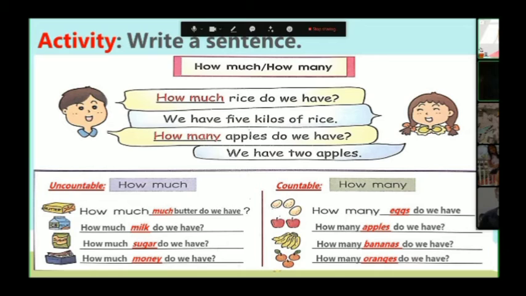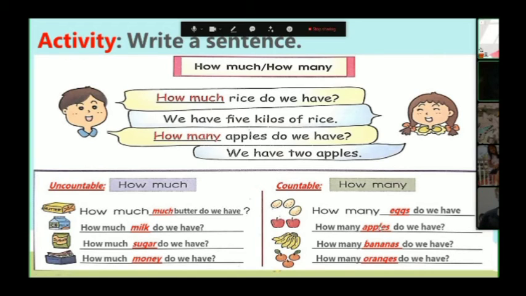But when we say eggs, it means many. Say the S sound, eggs. How many eggs do we have?